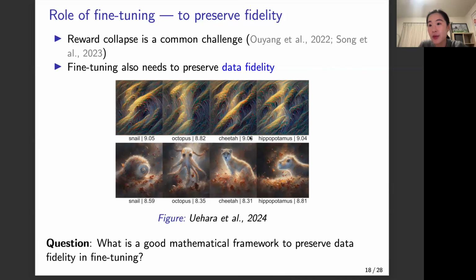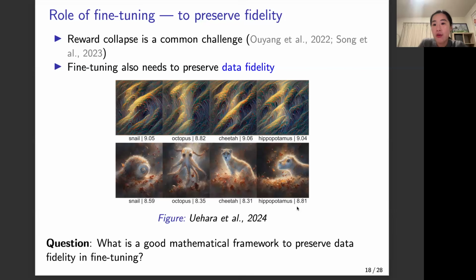It has a high reward, but it doesn't generate realistic or meaningful content. On the other hand, if we look at the second row of images, they all have high rewards, but they simulate content that we really want.